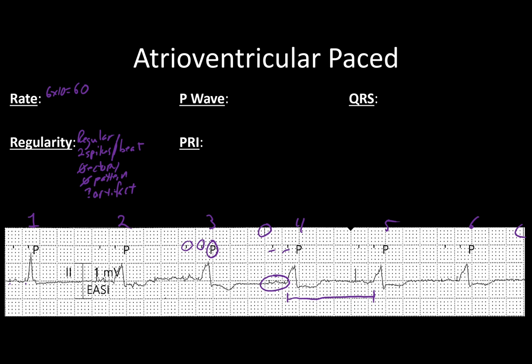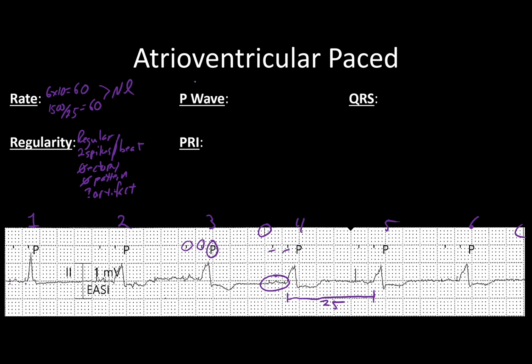So that's 5, 10, 15, 20, 25. Equals 60. So there we are. We have a nice normal rate. That's what we want to see.